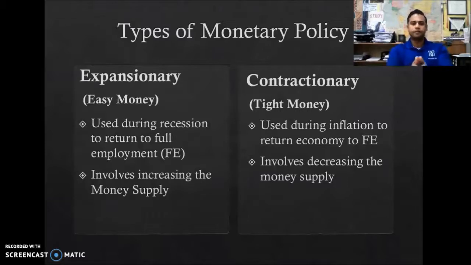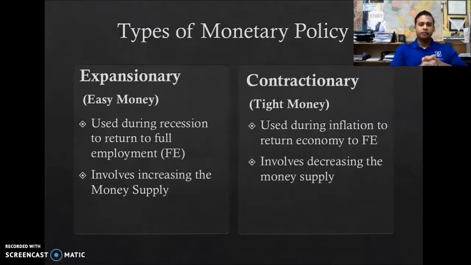Who's doing it? Now, just like with fiscal policy, there is the expansionary and contractionary version of monetary policy. So we have our little nicknames that have been given to both of these. Expansionary is called easy money. You'll often hear that, an easy money or an easy policy by the Fed. And this is, as you might expect, a method or a policy aimed at increasing aggregate demand during a recession.